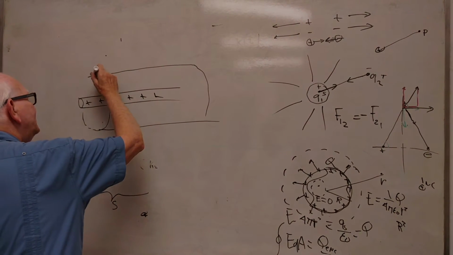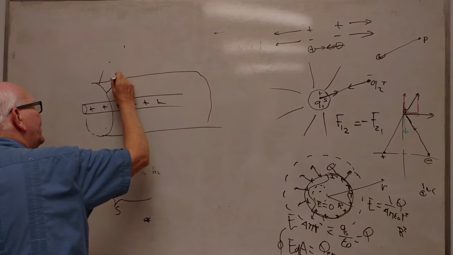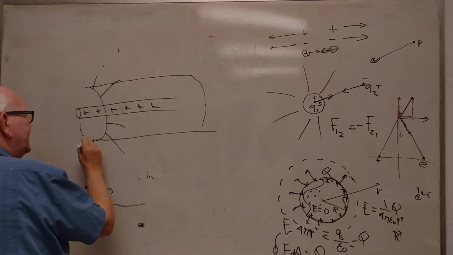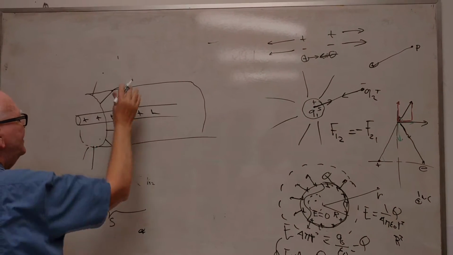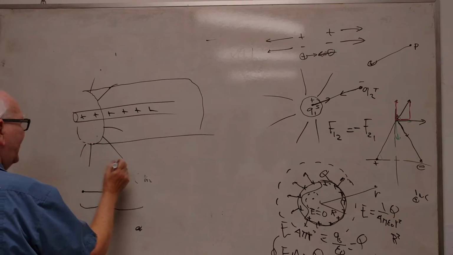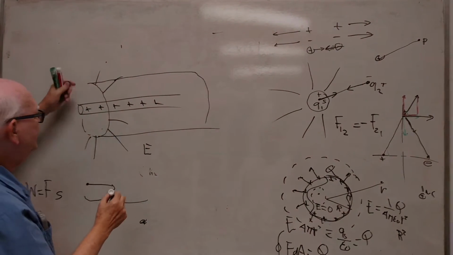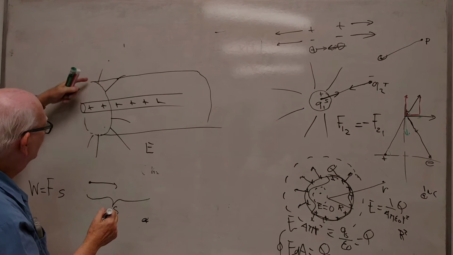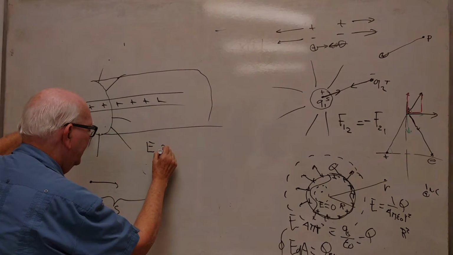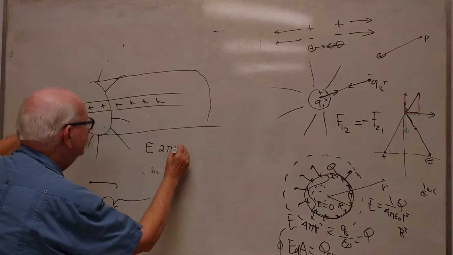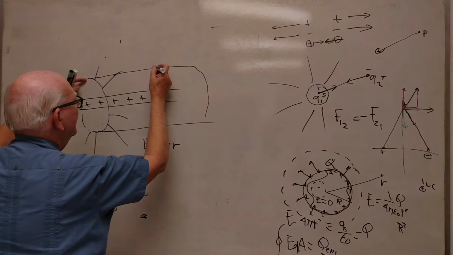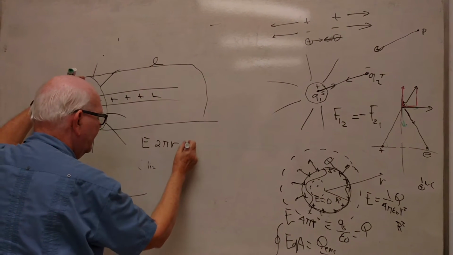And you know that the field is always away, away, away, away. So the integral of this field, the E goes out. So you just have the field by the area of the cylinder, which is 2 pi r by the length of this, let's call it small l.